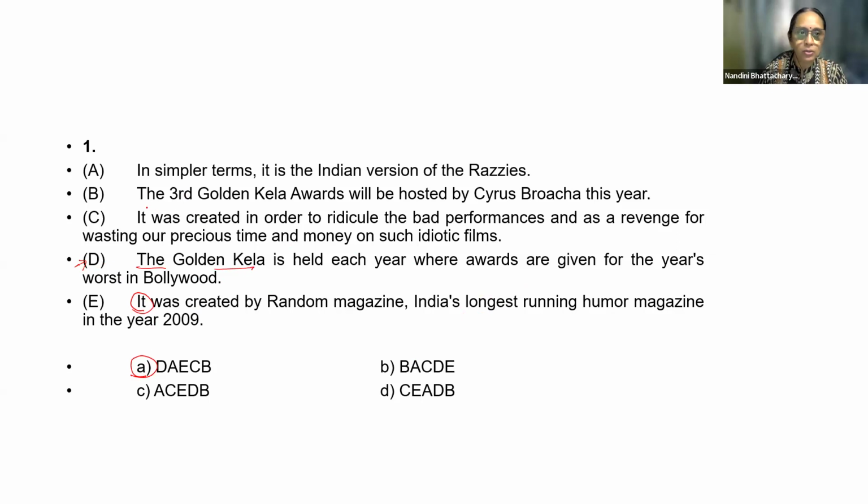Then A goes into telling you in simpler terms what it is: the Indian version of the Razzies. And then it goes on to telling us when it was created, and why it was created, and then who will host the next award.